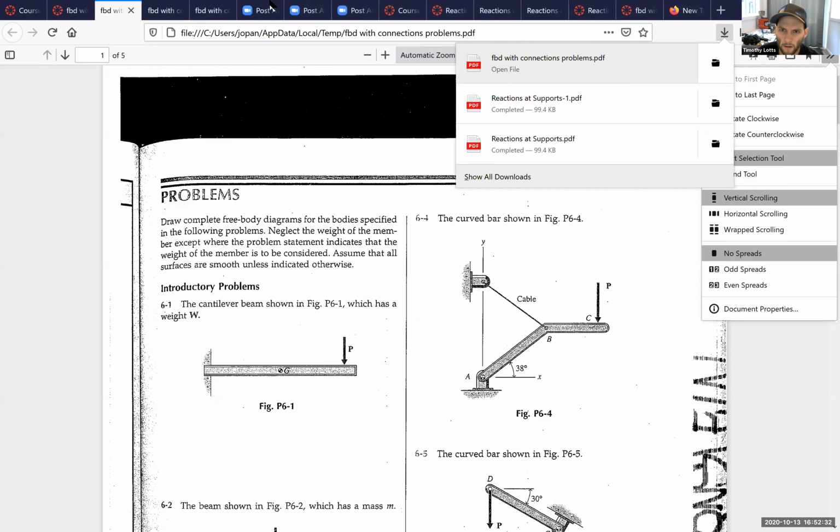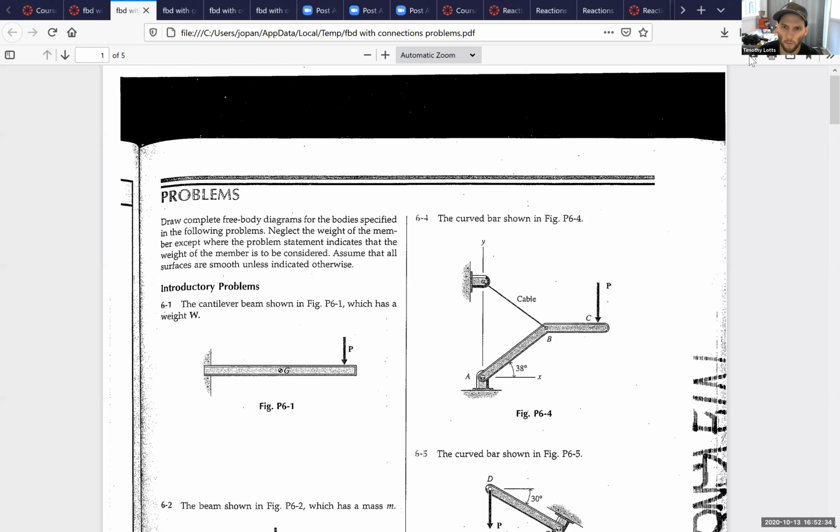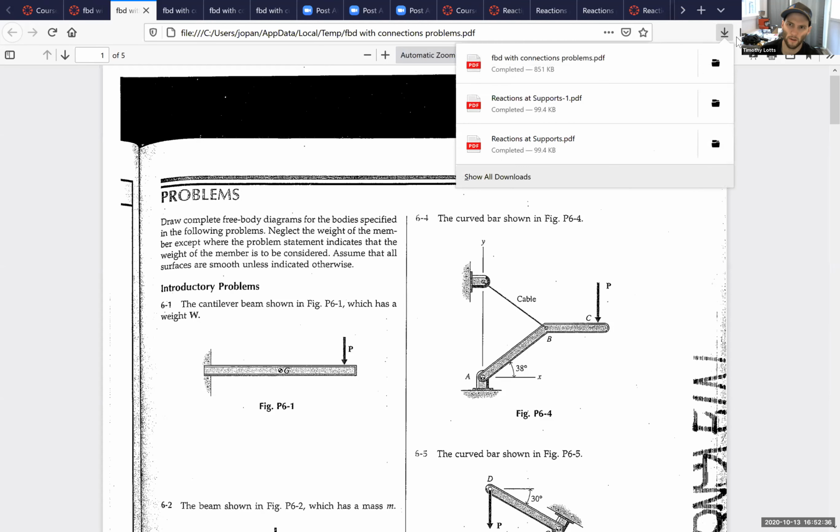Right click on it, hit open with, and then open it with Adobe. Don't left click on it.